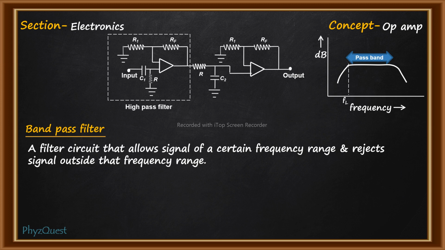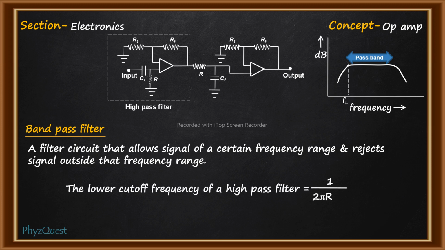The high pass filter circuit can be formed by using an operational amplifier with resistor and capacitor connection, where the input signal is applied to the capacitor and output is taken across the resistor, which is the highlighted part in the circuit. The lower cutoff frequency of a high pass filter is 1 by 2 pi R C1.